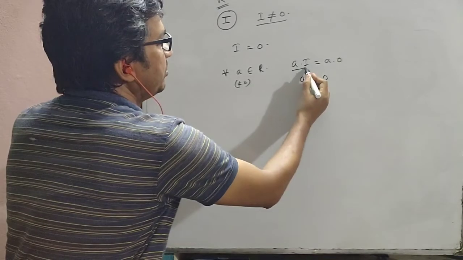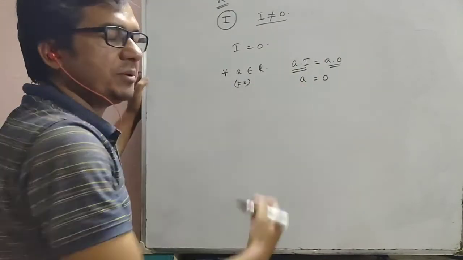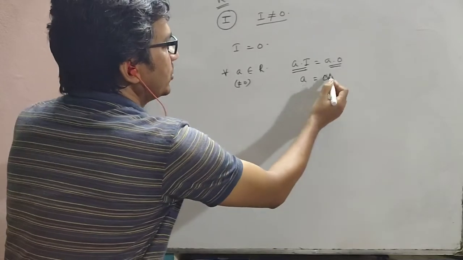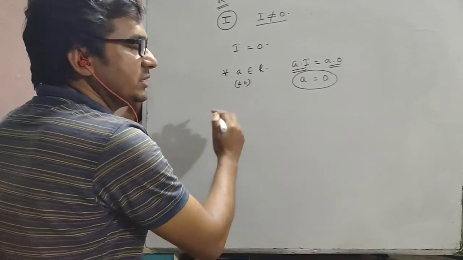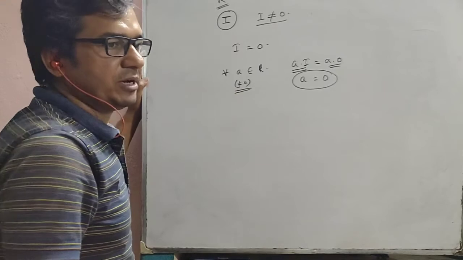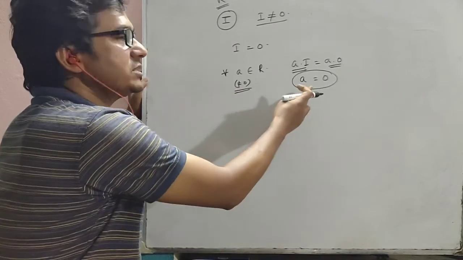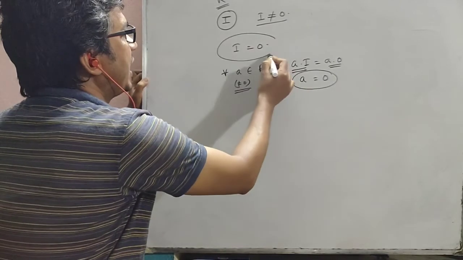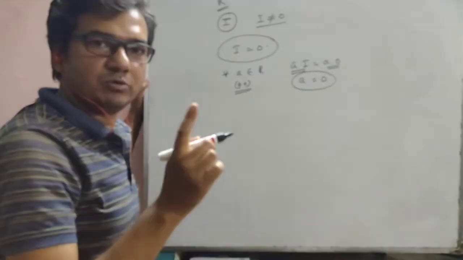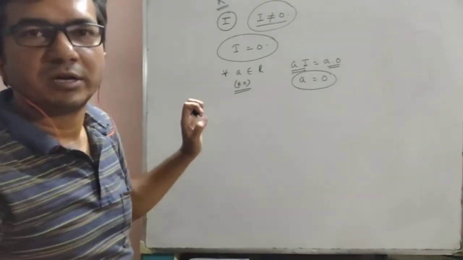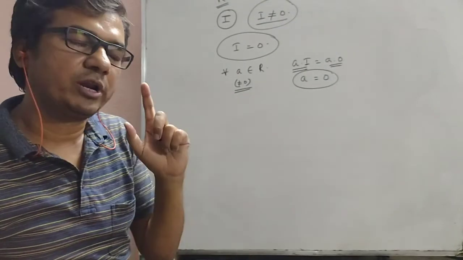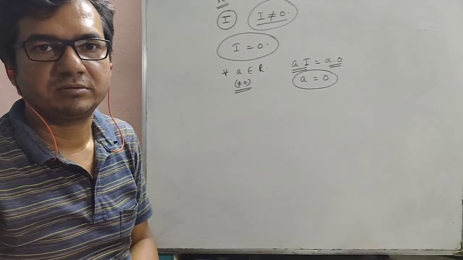This is the property of unity and this is the property of the 0 element. So A equal to 0. But here we let A be a non-zero element. So we get a contradiction. So the assumption I equal to 0 is wrong. So I not equal to 0 in a non-trivial ring.